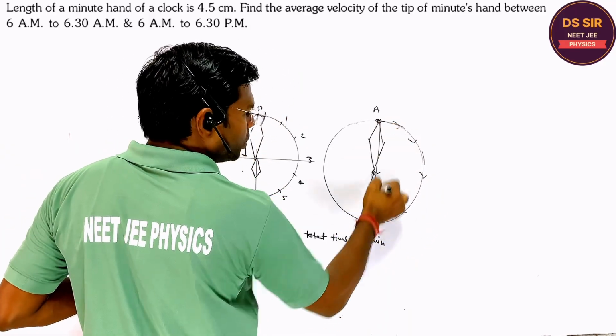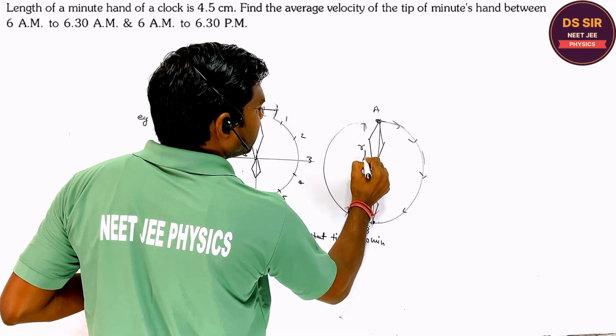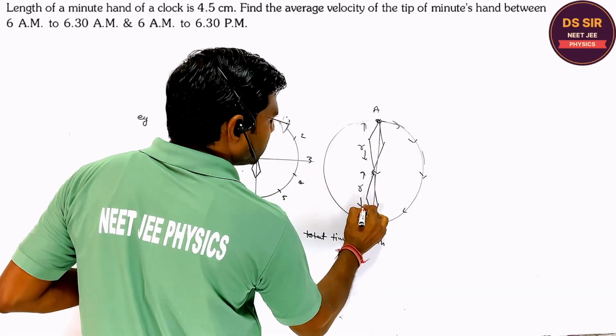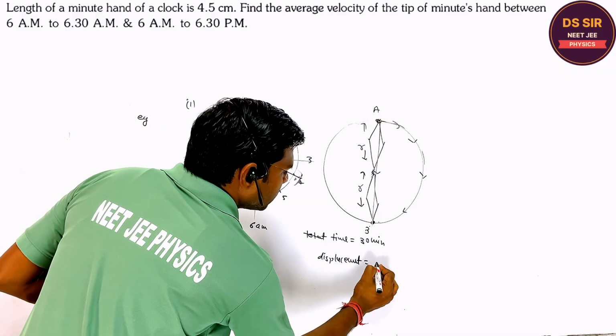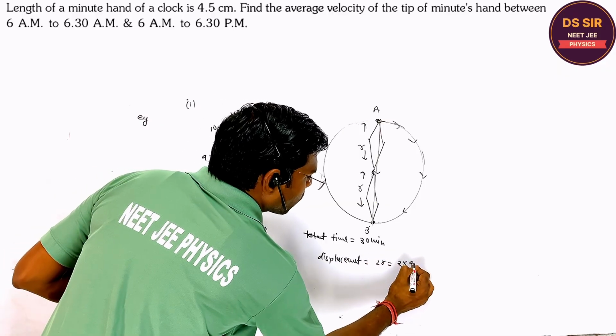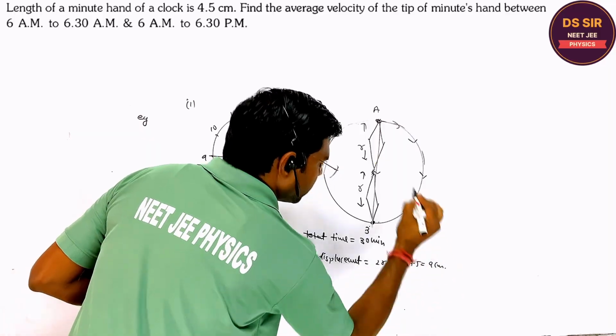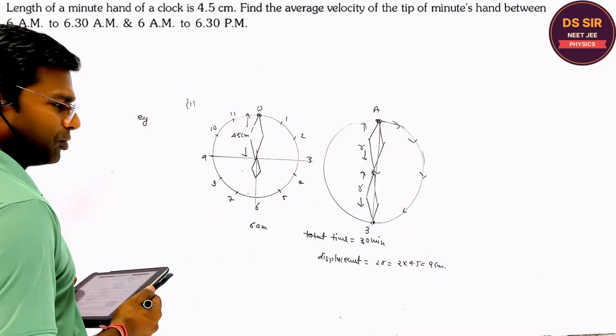The line joining initial to final position. If this is r, this is r. So what is the displacement? The displacement is nothing but 2r is equal to 2 into 4.5, 9 centimeter. Is it clear or not?